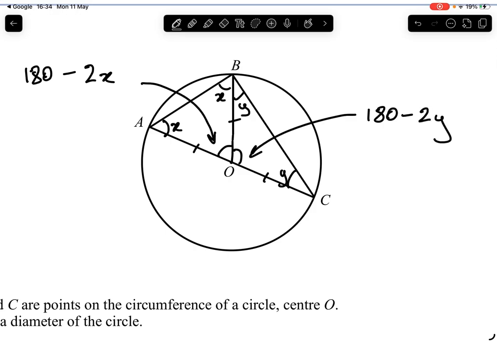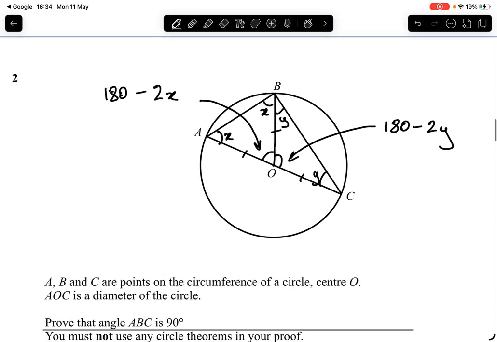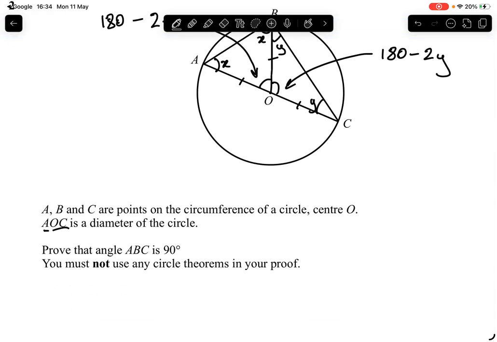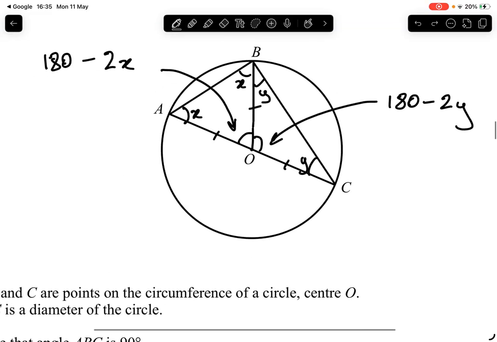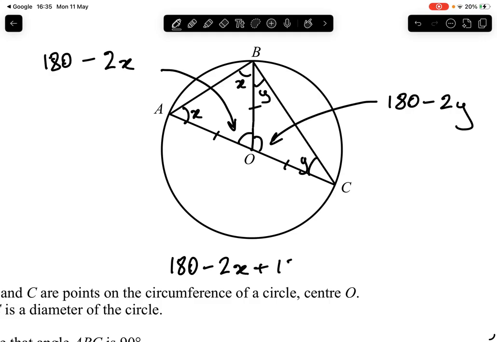But because these two angles are sitting together on the diameter of the circle, and you can check the question, AOC is a diameter, that means they must add up to 180. So we have 180 subtract 2x, add 180 subtract 2y is equal to 180.